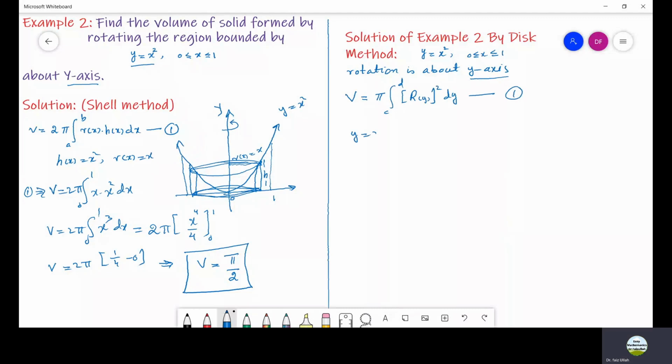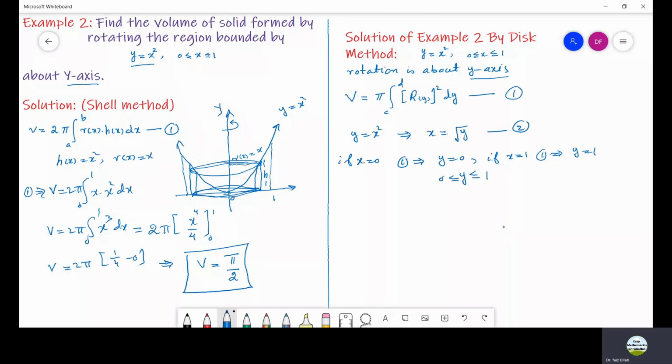So from y = x², we obtain x = √y. Let us say this is 2. To find the limits, if we put x = 0 we get y = 0, and if we put x = 1 we get y = 1. So the limits of y are from 0 to 1.